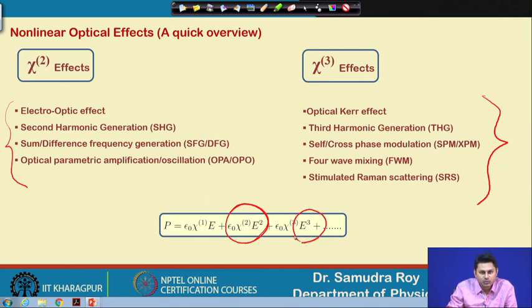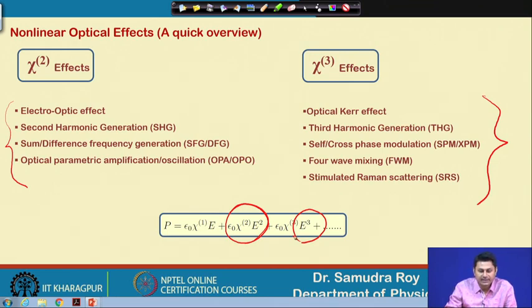These are the first two terms of the polarization, and we are going to make a rough outlook of the meaning of all these effects, like electro-optic effects, second harmonic generation I just mentioned, sum and difference frequency generation, optical parametric amplification and so on.